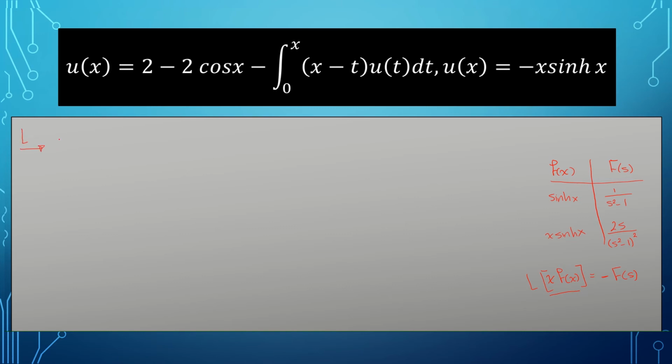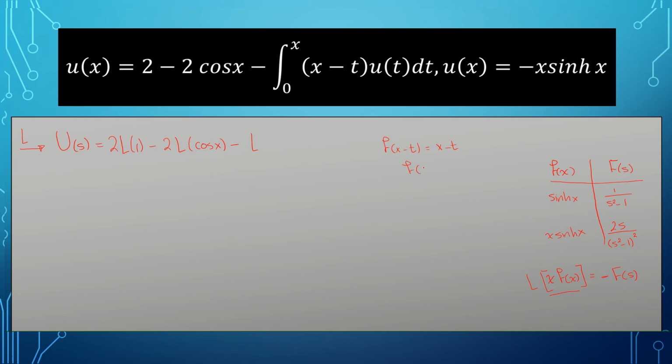Okay, on the equation we get U of s equal to 2 L of 1, let's write it like this, minus 2 L of cosine x minus L, and here we have again the convolution where f of x minus t is equal to x minus t.